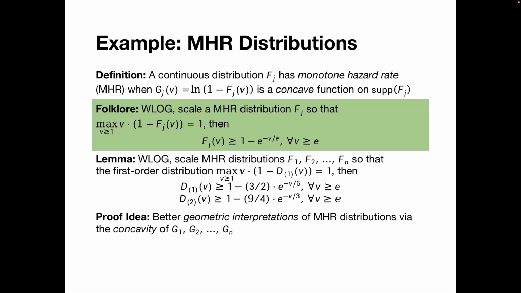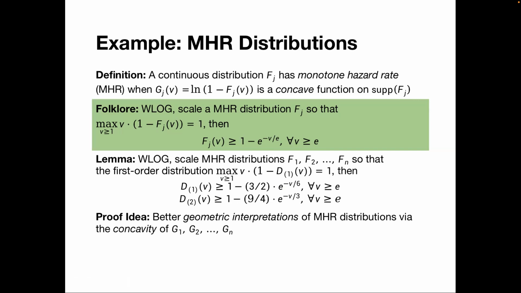Our extreme value theorem for such MHR distributions says that not only does every individual distribution increase as fast as the exponential distribution, but even the first order distribution, I mean the distribution of the highest value of n many MHR random variables, and the second order distributions also increase at least as fast as the exponential distribution.